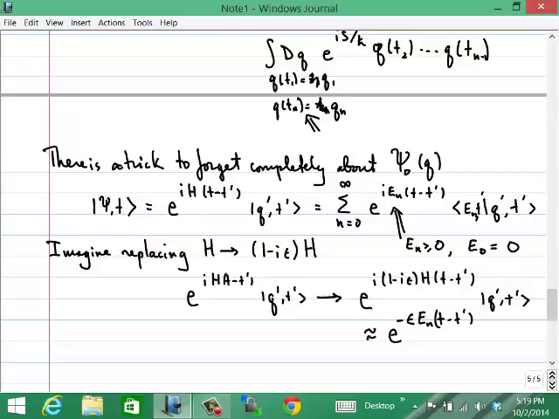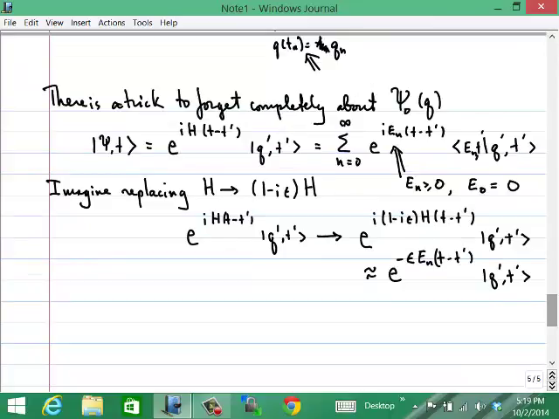Okay, no, sorry, let me restate that. At late times, as t goes to plus infinity, you have terms that go like e to the minus epsilon E_n times t acting on this state, which will vanish exponentially quickly at late times unless E_n is equal to 0. So that means that at late times, this will just project onto the ground state. So it goes to 0 unless E_n is equal to 0.